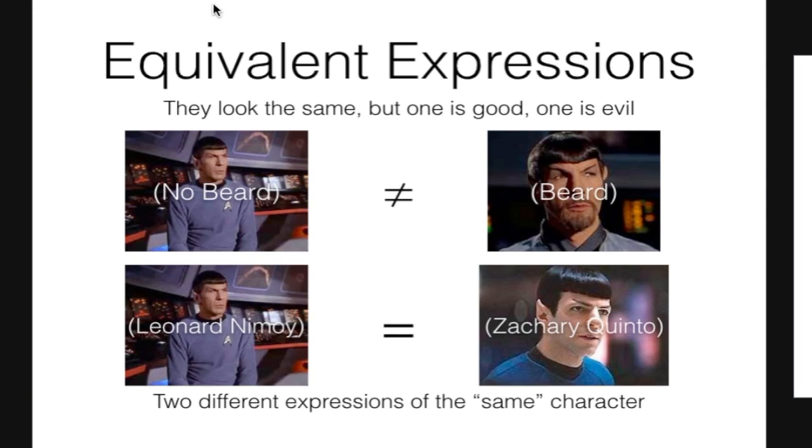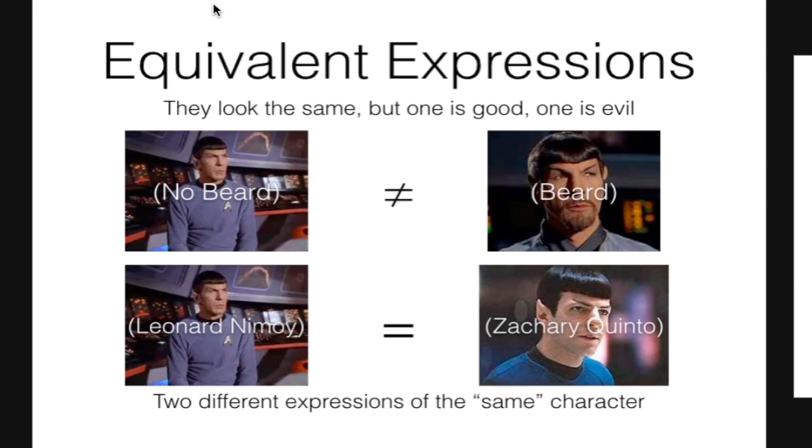This means he's evil, and this means he's different. Now, also, more recently, and this is where it gets a little more fuzzy, the series was completely remade, and they had a different actor play exactly the same character. So this Leonard Nimoy and Zachary Quinto are both playing the same character. In some sense, both of them are equivalent.